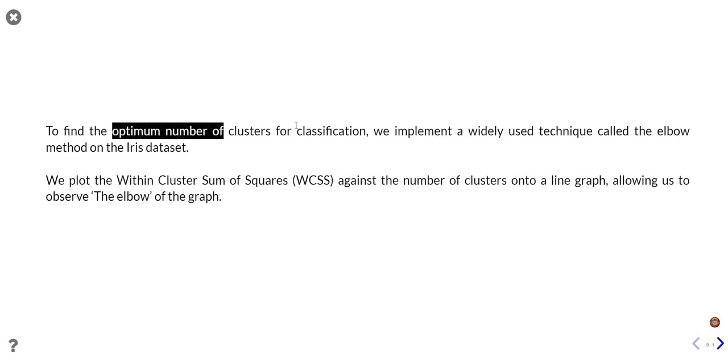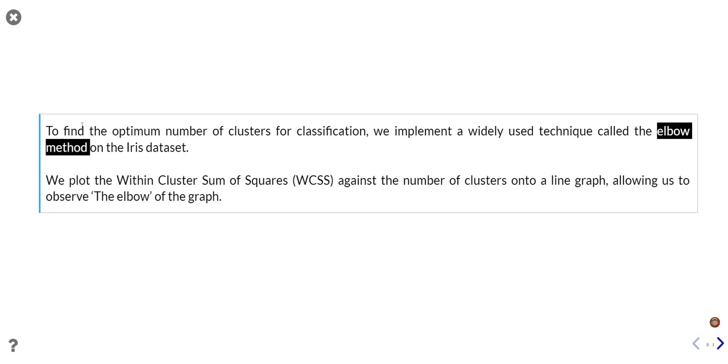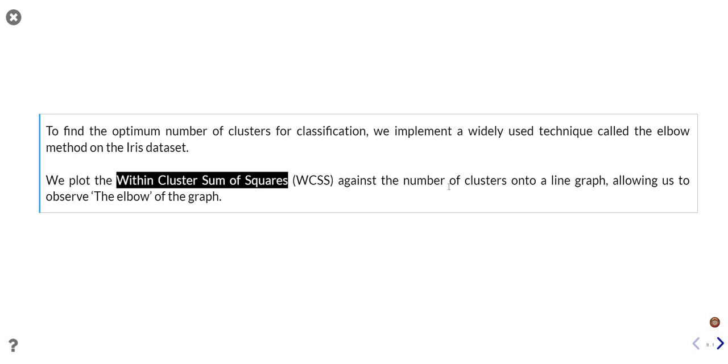To find the optimum number of clusters, we implement a widely used technique known as the elbow method. We plot the within-cluster sum of squares against the number of clusters in a line graph, allowing us to observe the elbow of the graph.